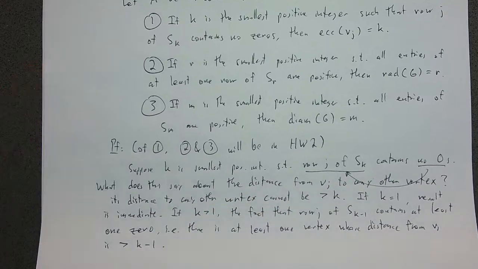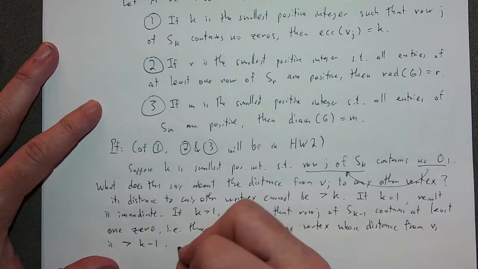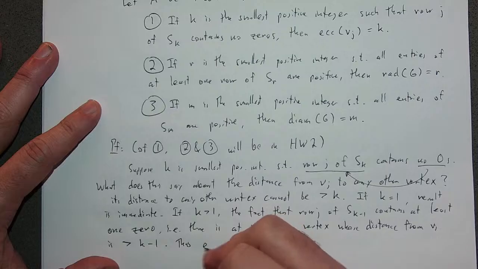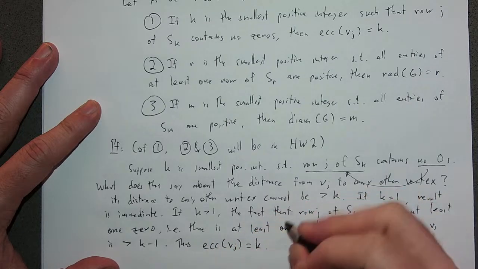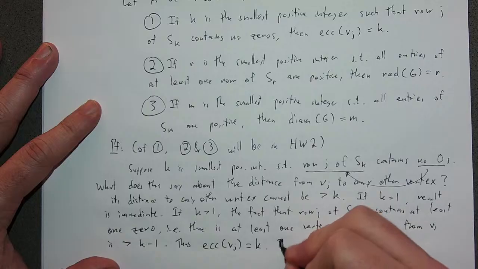But what is the definition of eccentricity? This means that there's only one possibility for the eccentricity. It has to be k. So the eccentricity of V sub j has to be k. That's the only thing it can be.